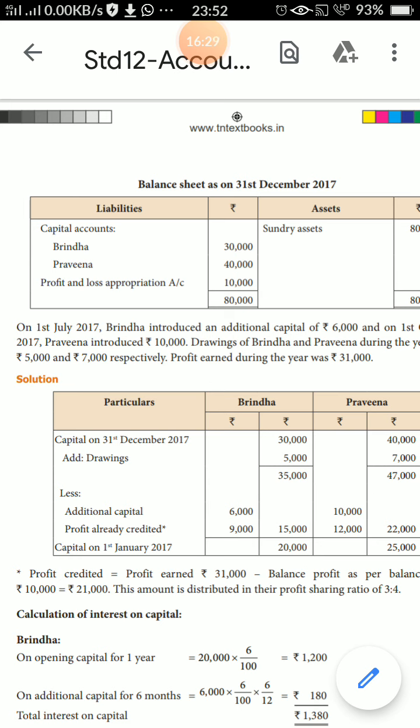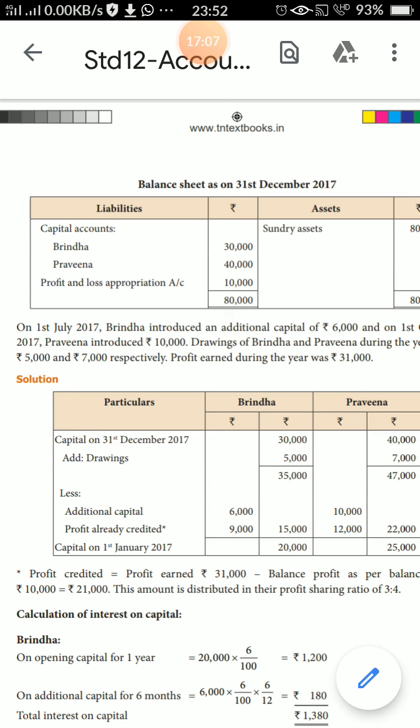Less this amount, 35,000 minus 15,000 equals 20,000, Brinda's opening capital in January. For Praveen, 47,000 minus 22,000 equals 25,000. Same method, but this sum uses the 3:4 ratio, while the earlier sum shared equally.